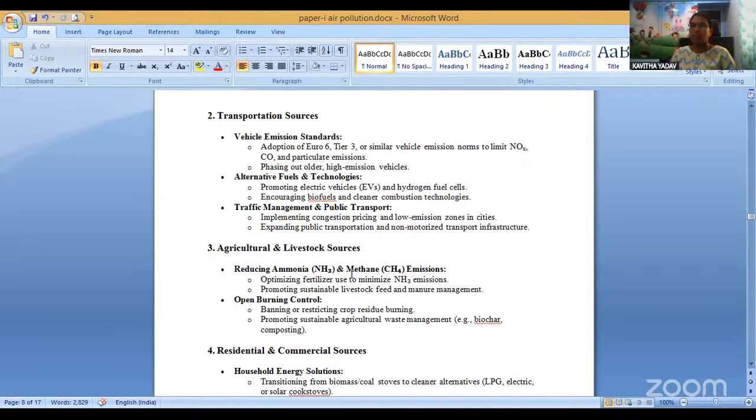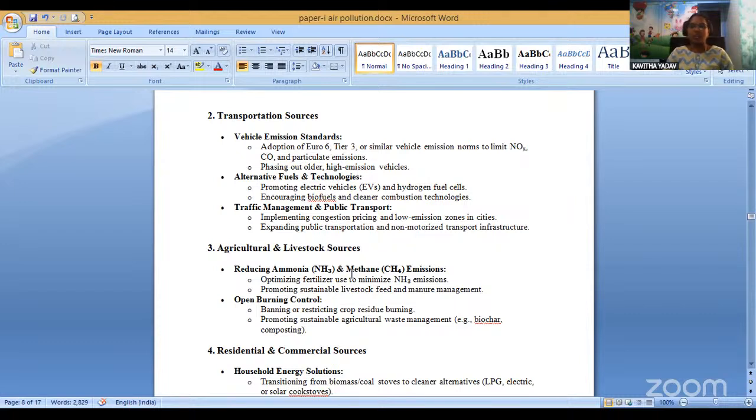Phase out older high-emission vehicles. Alternative fuels and technologies: promoting electric vehicles and hydrogen fuel cells, and encouraging biofuels and cleaner combustion technologies also.